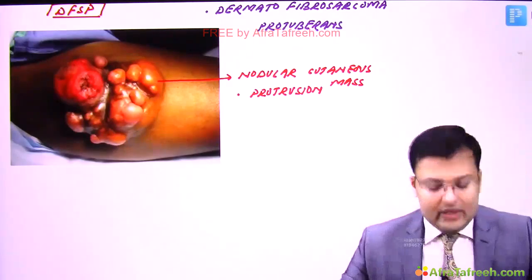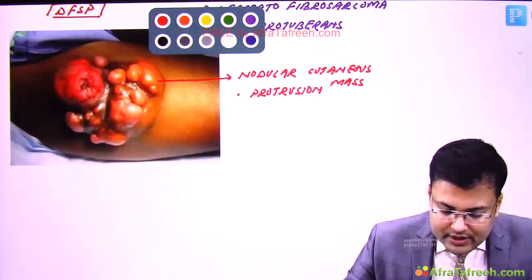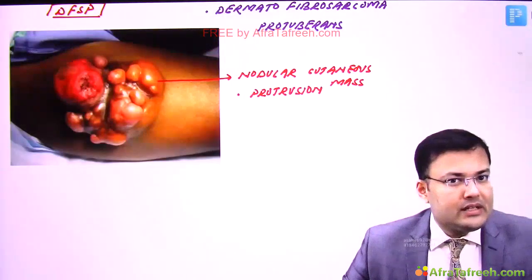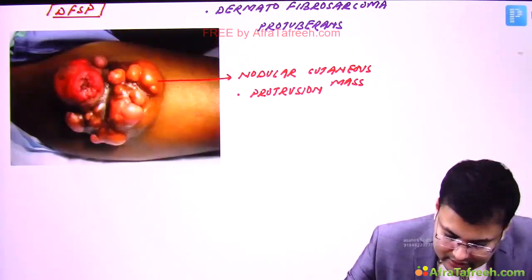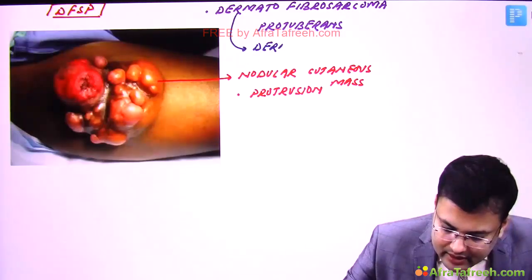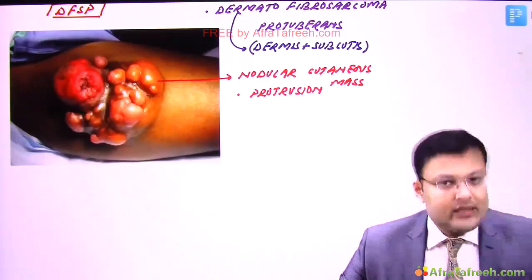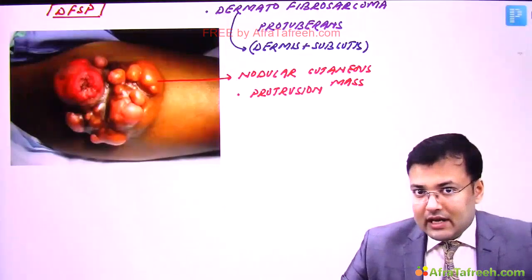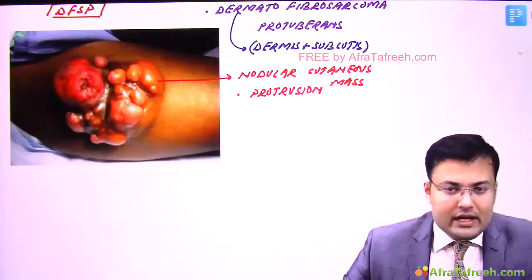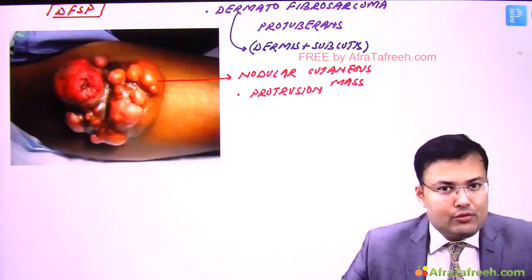Here dermato means this tumor is going to involve the dermis and subcutis. Second, it is a type of sarcoma. What kind of sarcoma? It's a type of low-grade sarcoma, so the term is fibrosarcoma.